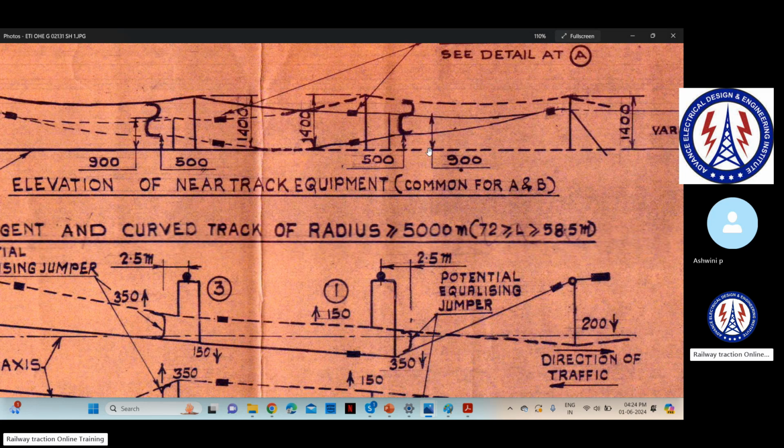From this contact wire, it is 900 mm, because 500 mm will be the contact wire, 400 mm will be the catenary wire. So total it will become 900 mm. Are you getting my point? Yes, sir.